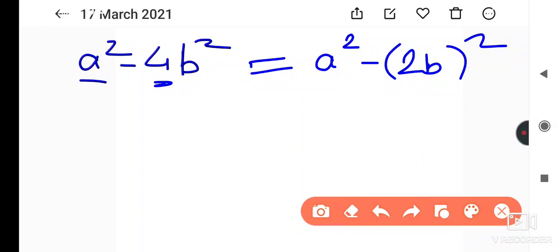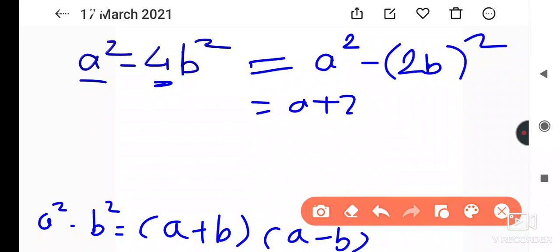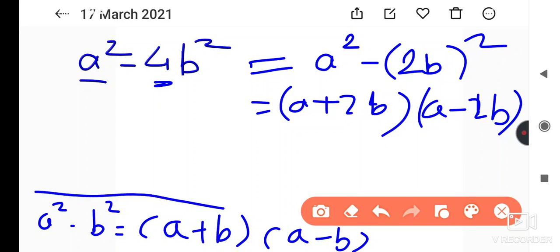And now we got here the factorization of a square minus b square, and its factorization is a plus b and a minus b. So a plus 2b and another is a minus 2b. That factorization formula that I taught you yesterday, we have to use for solving this example. So in this way we have to solve this example.